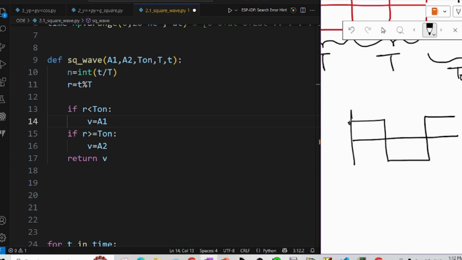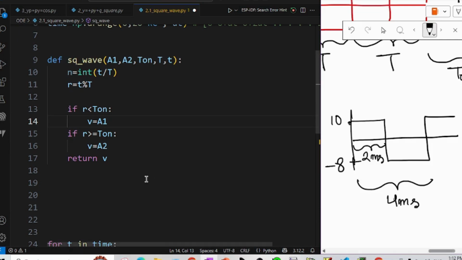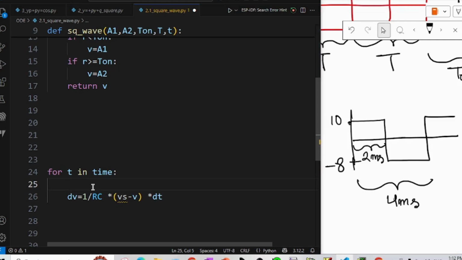Let's say the upper voltage is 10, the lower voltage is -8, and the time period is, let's say, 4 millisecond, and the time for which the square wave is at its maximum magnitude is, let's say, 2 millisecond.